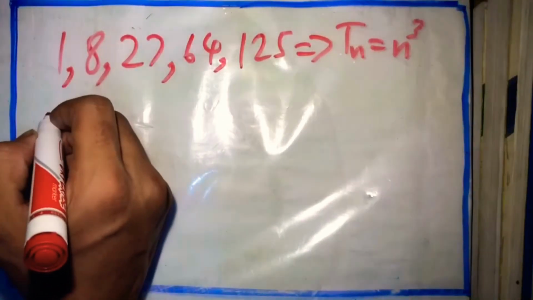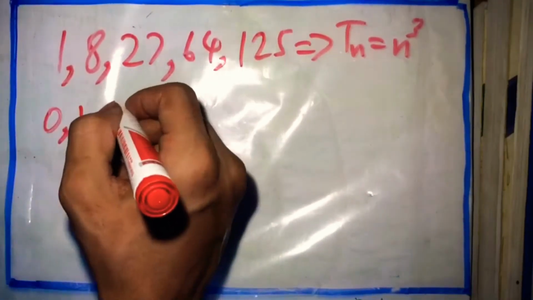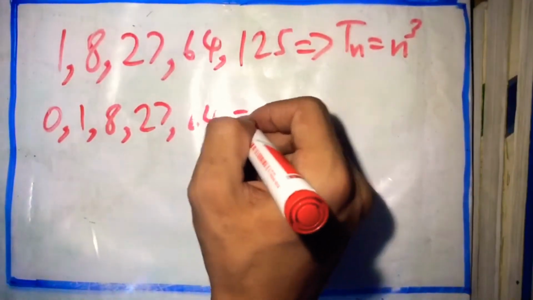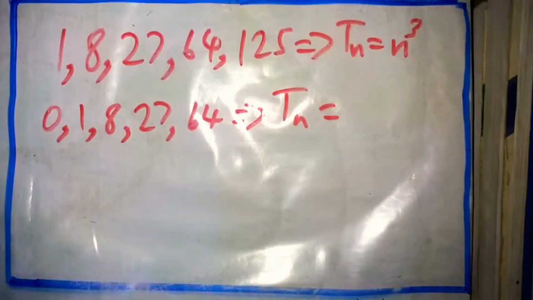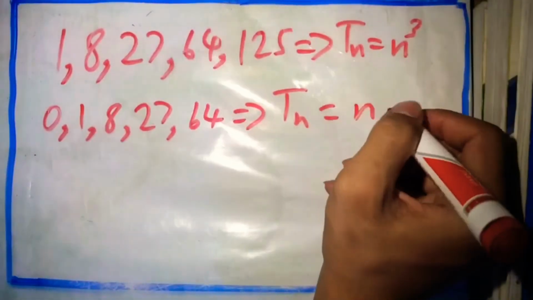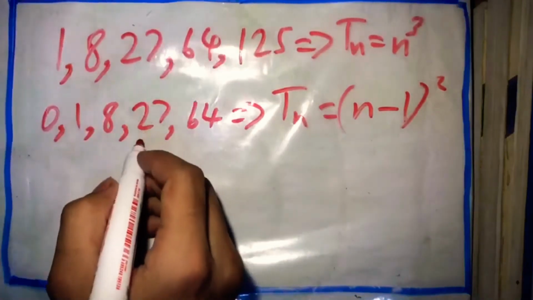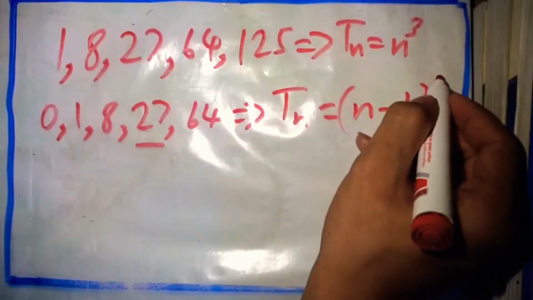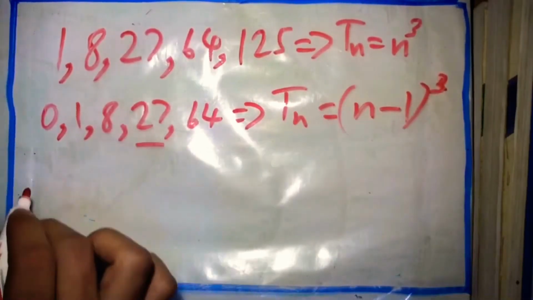Now if the sequence starts from 0, then the term number will be (n minus 1) whole cube. So if we have to find the fourth term, which is 27, we'll have 4 minus 1, which is 3, and then 3 cube is 27.